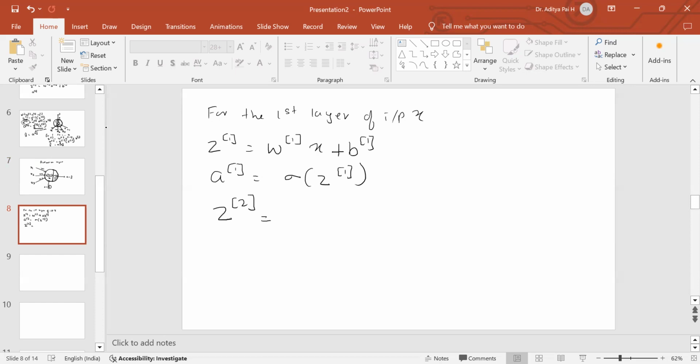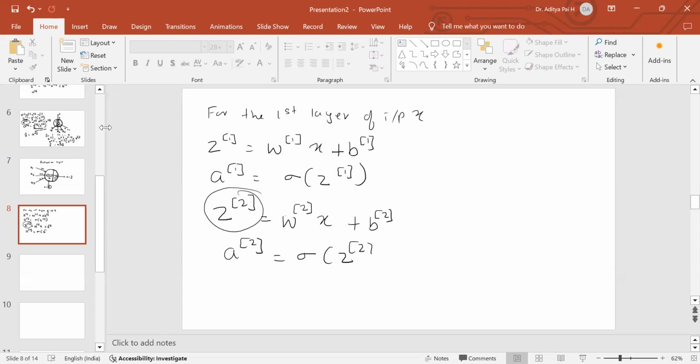So it is W2 times the input plus B2, because the biases are applied to the second layer. This gives me Z2, and what we calculate is A2, which is the sigmoid function applied to this.